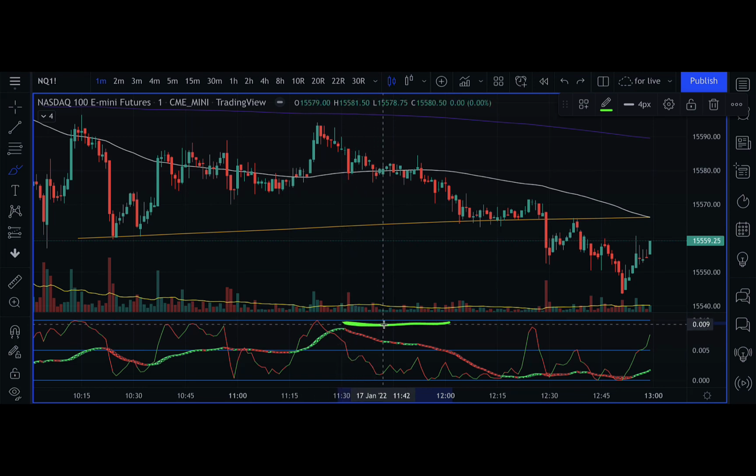If it's glued to the top of this thing, it's an extremely strong long trade bias. And if these candles are glued to the bottom, then it's a short. It comes up a little bit, but basically this is as low as it will go. When you see it like this, it's going to be a nice strong short.